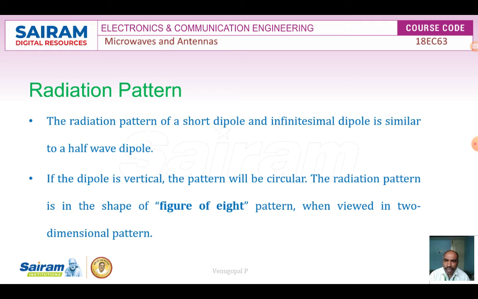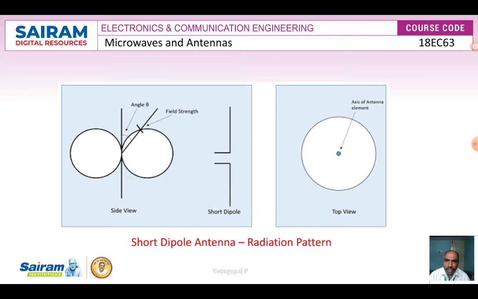Such a radiation pattern is in the shape of a figure 8 when viewed in two dimensions. Look here, this is the radiation pattern of a short dipole antenna, which looks like a figure of 8. The field strength is observed in the side view, and the top view of the short dipole is shown in figure B.